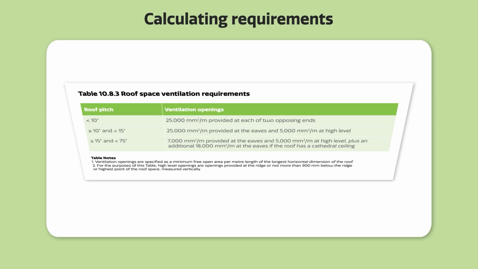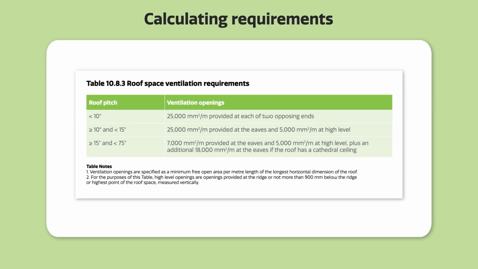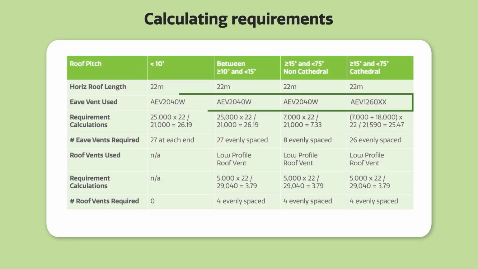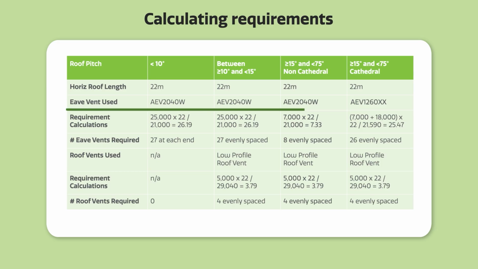Calculating requirements. This table is used to determine what is required to make a specific home compliant, whether the roof pitch is under 10 degrees, 10 to 15 degrees, or over 15 degrees. The first step is to confirm which product or products you wish to use, and the open area in square millimeters of the product or products.